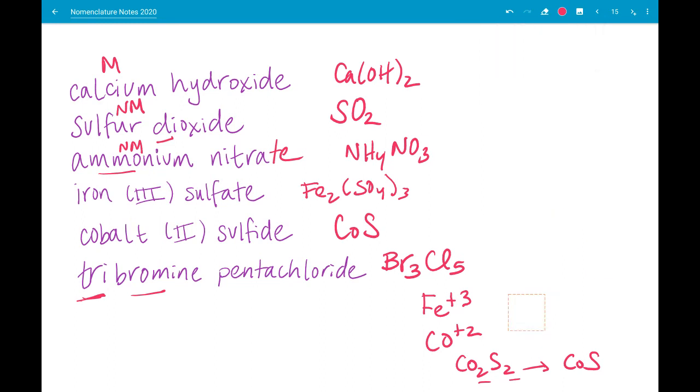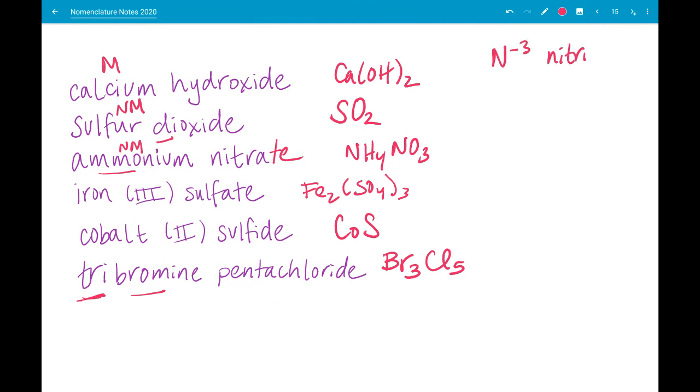There is one thing I want you to watch out for, is details are going to matter in this unit. So for example, N-3 is nitride, NO3 to the -1 is a nitrate, and NO2 to the -1 is a nitrite.